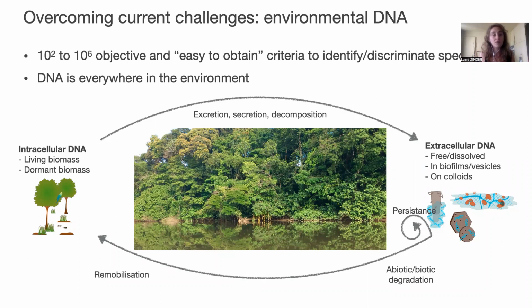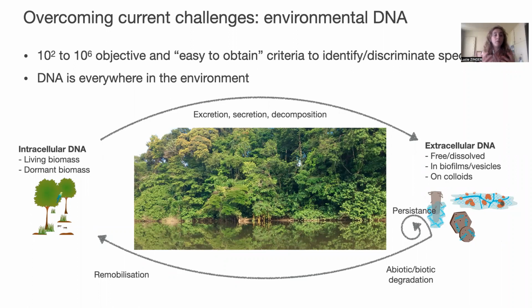So for this, environmental DNA is a very promising technique because first it's DNA, so it's an objective criterion to identify species that can now be relatively easy to obtain thanks to high throughput sequencing methods. And also because DNA is everywhere in the environment, it's present in an intracellular and an extracellular form.